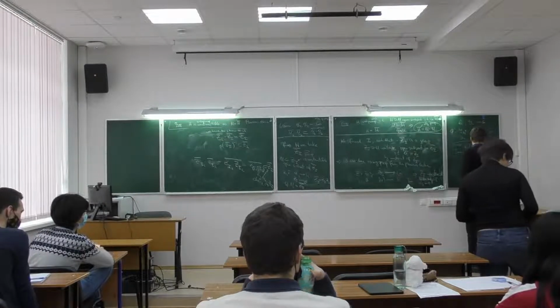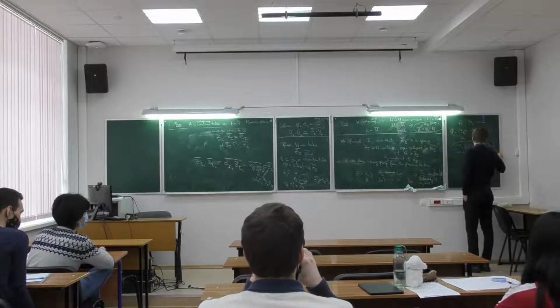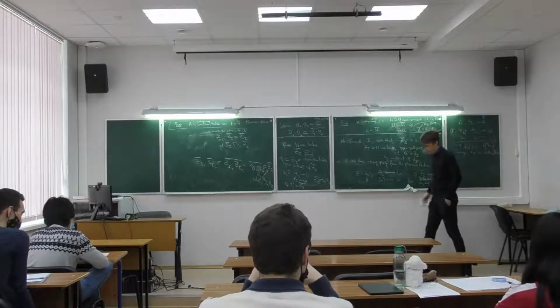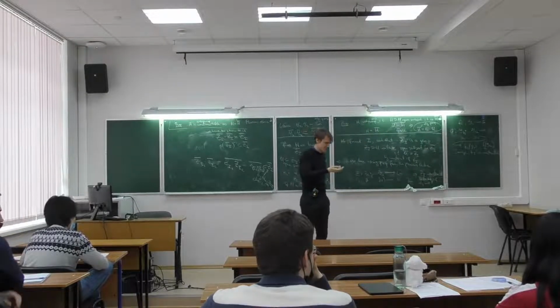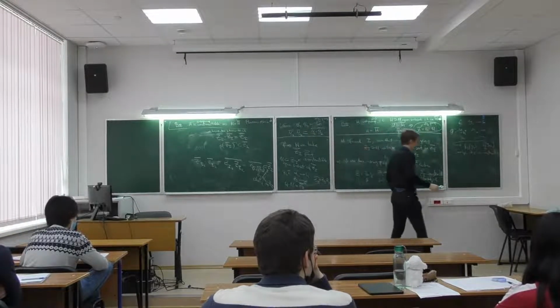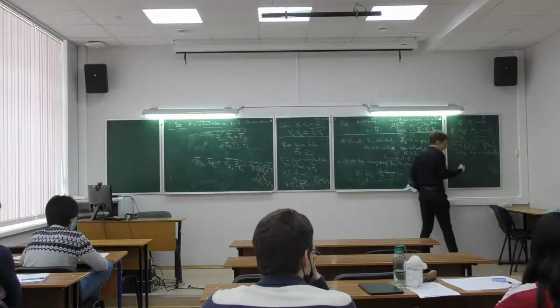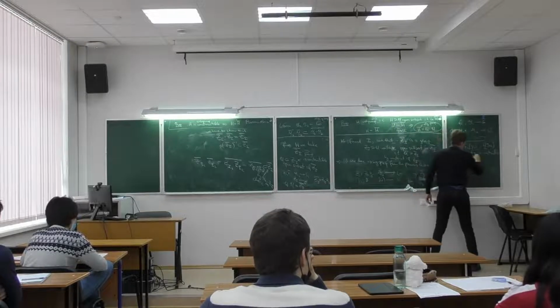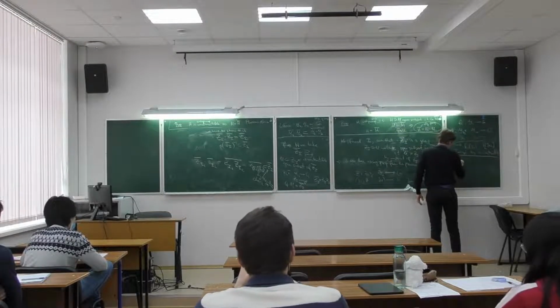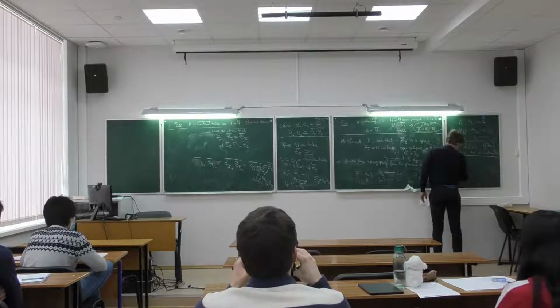But of course, why are constructible subsets interesting? Because they are closed under the maps of algebraic varieties. A constructible subset always lies inside some variety, because it is considered as a subset.